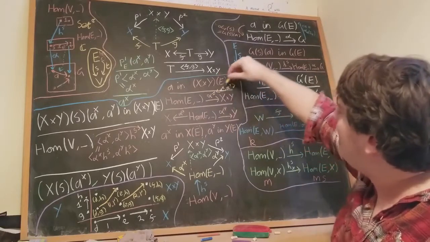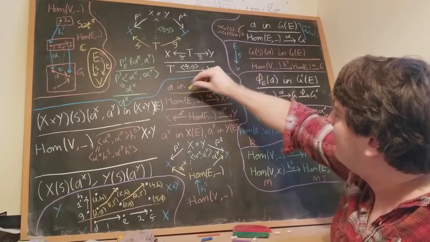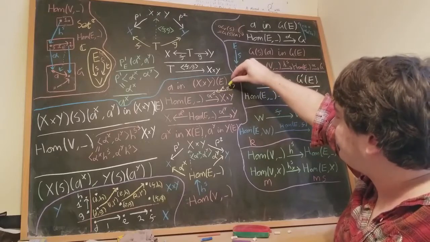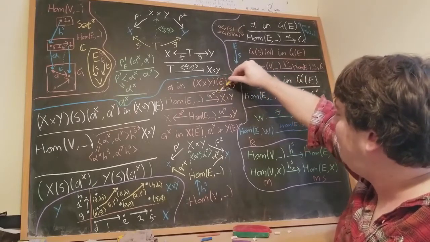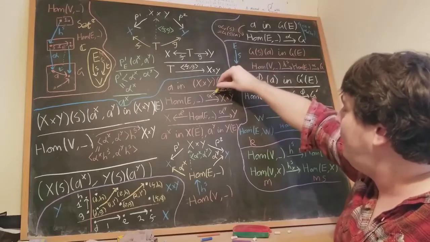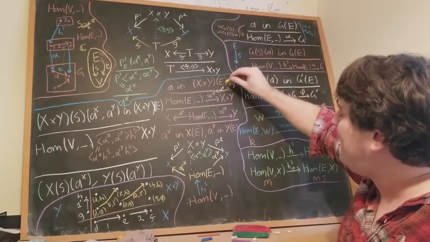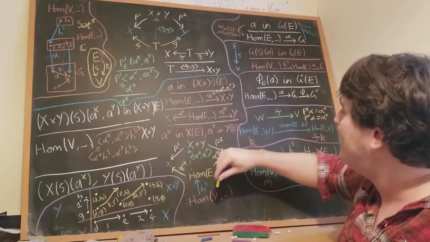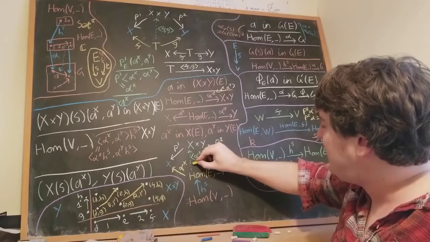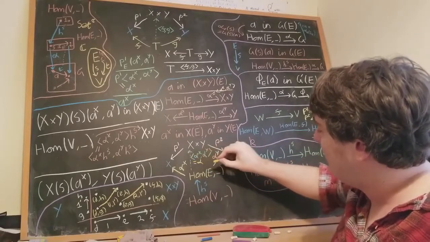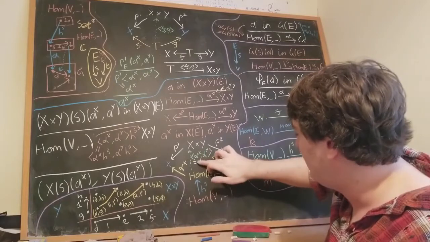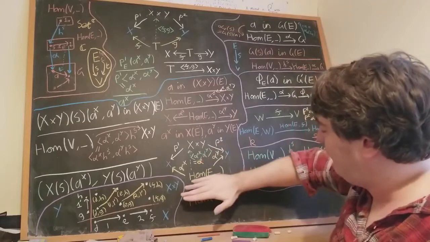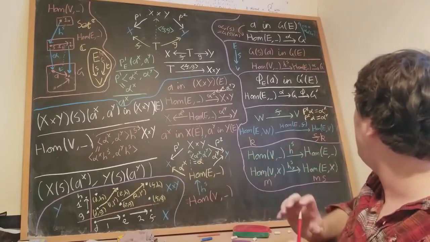We can think that this arrow alpha from Hom(E, -) to X times Y can be written as this pair, the intermediary arrow associated with alpha^X and alpha^Y. So it's like this picture here where we're calling this alpha. Just forget about this part of the picture for the time being.